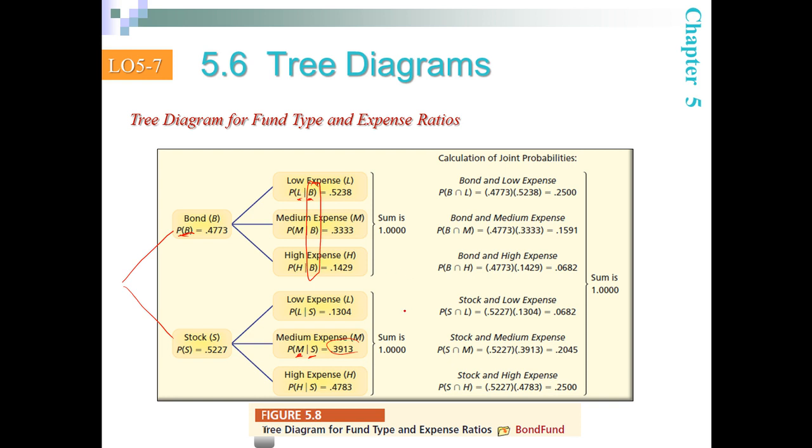And now if we want to find the joint probabilities, we know that the probability of the intersection is just the product of the probability of one given the other times the unconditional or marginal probability of the other. So all we have to do is take this probability here, multiply it by this probability. So multiply those together, we get 25%. That's the joint probability.